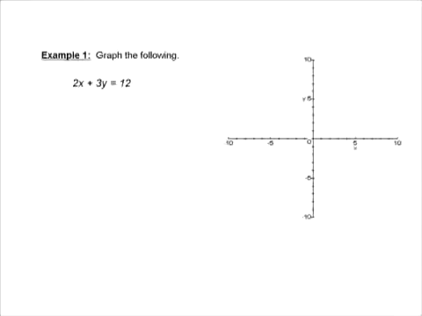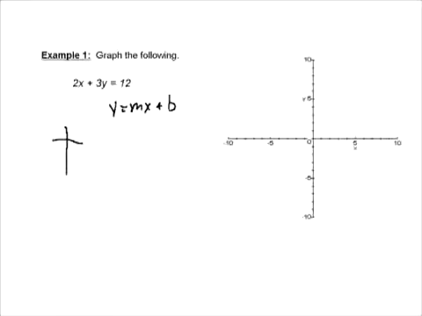So let's look at this basic form. We're going to graph this line. Now, in grade 10, you often took this line and wrote it in the form y equals mx plus b. That's perfectly fine to do, but what I'm going to show you is another form of solving it. What we can do is find the intercepts of this line.